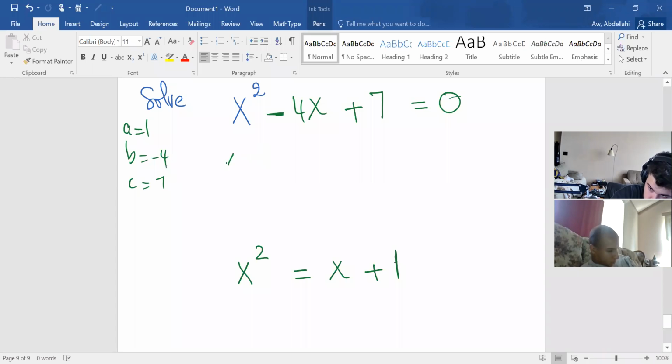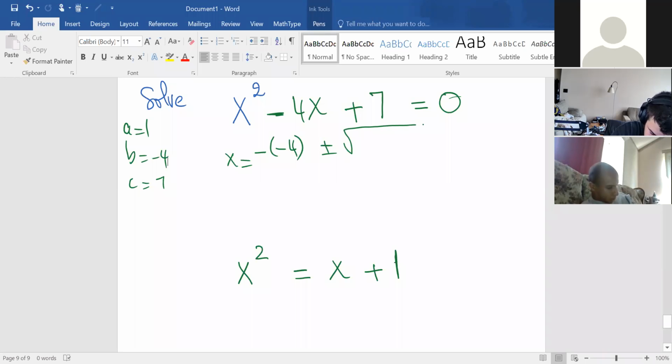So we get x equal to negative b, which is 4, plus or minus the square root of b squared, which is -4 squared. I bet a lot of people will write it this way. What do you forget every time you square a negative number? Parentheses, exactly. Especially when you are using a calculator, remember?